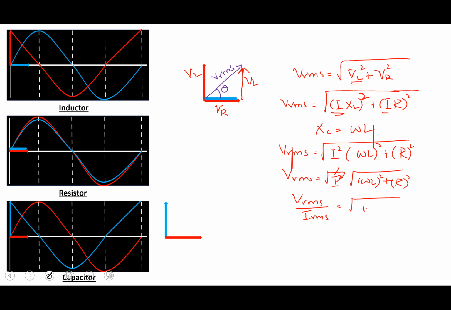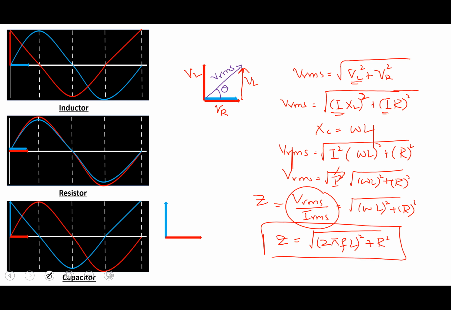So it will be equal to the square root of omega L whole square plus R square, which is the impedance. Instead of omega, I can write 2 pi f, so Z is equal to the square root of 2 pi f L whole square plus R square. This was the magnitude of the impedance. For the direction part theta, looking at this diagram, this is the horizontal component and this is the vertical component, so theta will be equal to tan inverse.